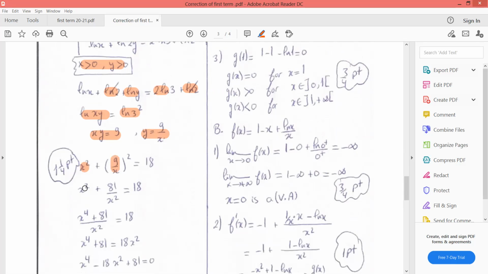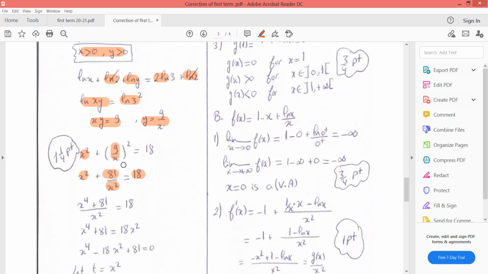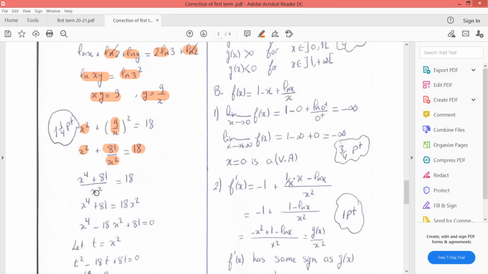So x squared, 9 squared is 81 over x squared equals 18. I take the LCM. The LCM is x squared. x squared times x squared is x power 4, plus 81 equals 18x squared. Cross multiplication gives x power 4 - 18x squared + 81 = 0.